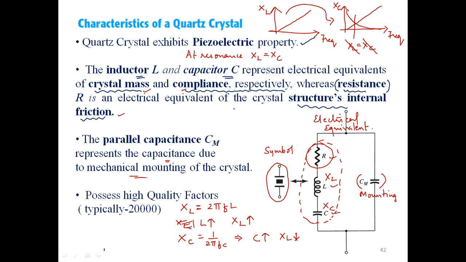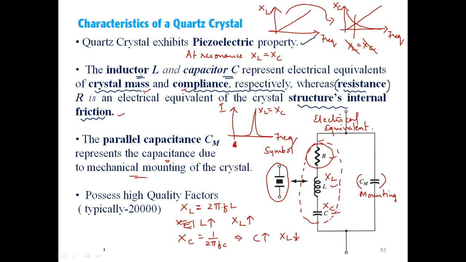Due to that, whenever I plot the current versus the frequency, at the resonant frequency I will get a maximum peak. So this is when XL equals XC. It is purely due to the opposition offered by the resistance.